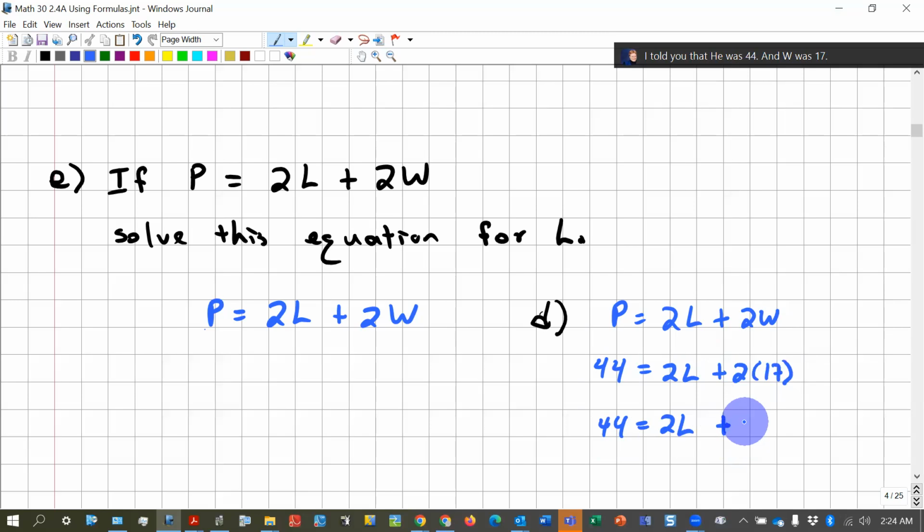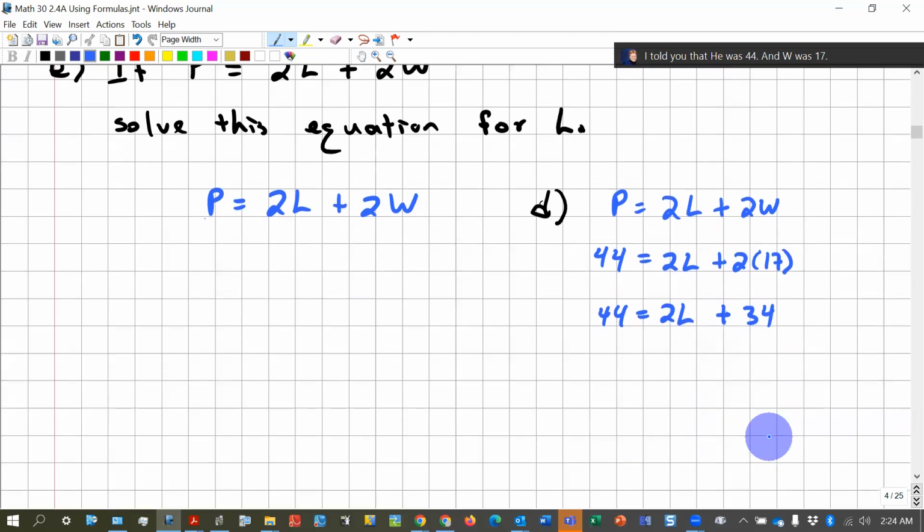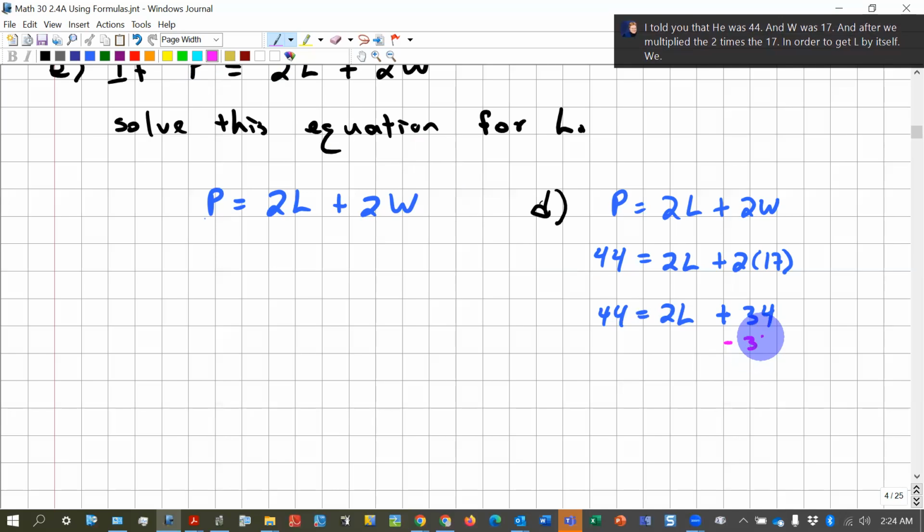And after we multiplied the 2 times the 17, in order to get L by itself, we subtracted the 34 from both sides.